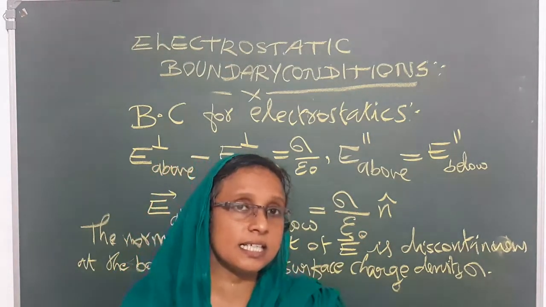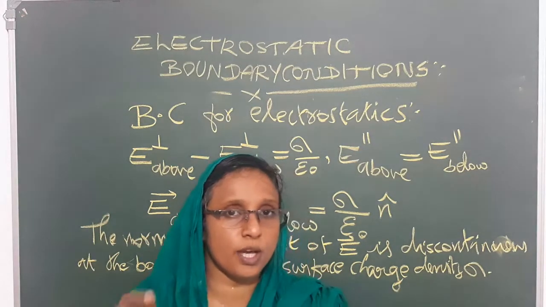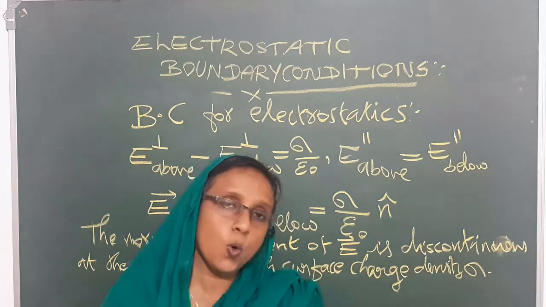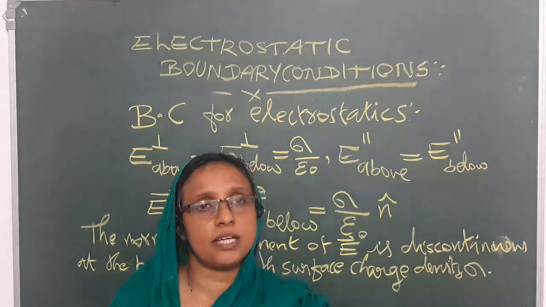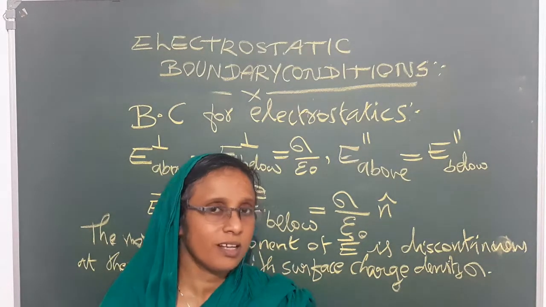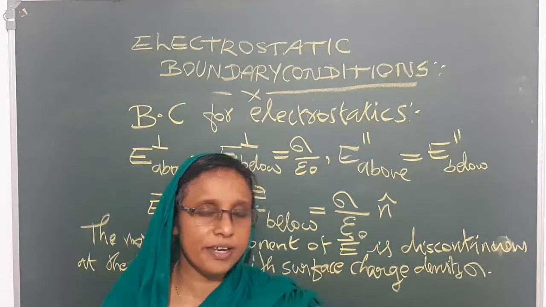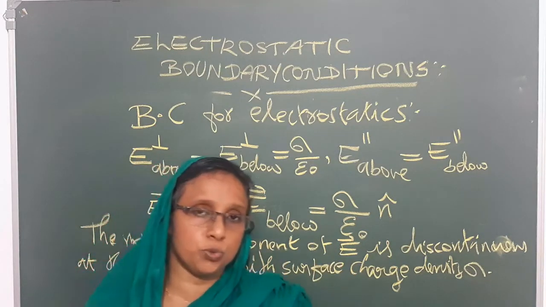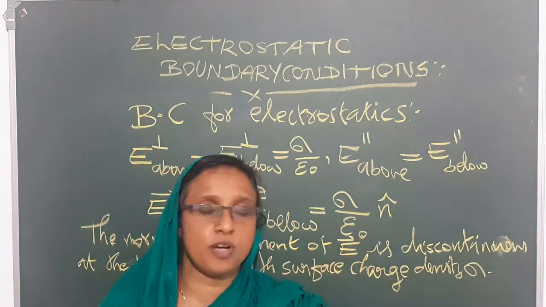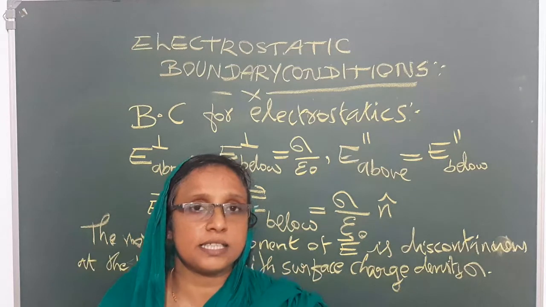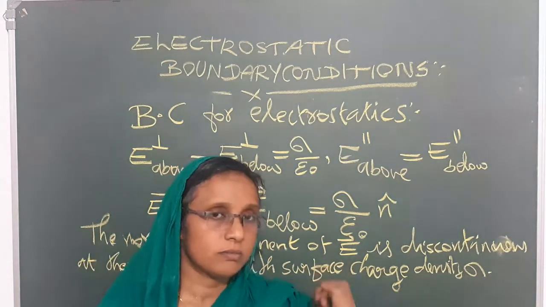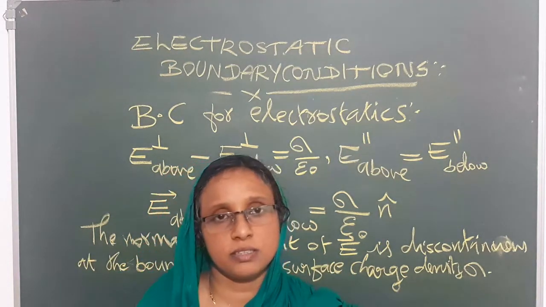Similarly, its curl is del cross E equal to 0, or closed line integral E dot dl equal to 0. Now, using these two, we have to find out the characteristics of our electric field.